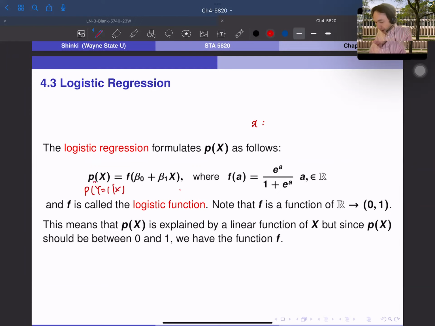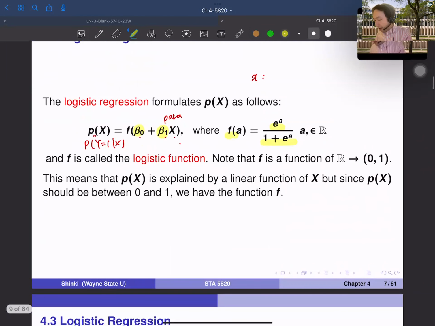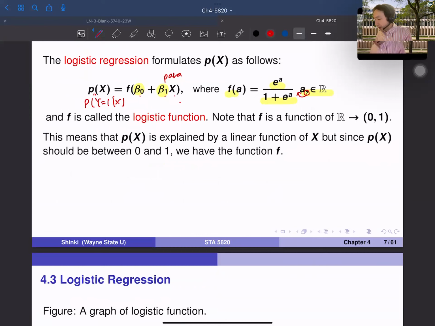F of a is e to the power a over 1 plus e to the power a, and F is defined for all real numbers. F is called a logistic function or a logit function.